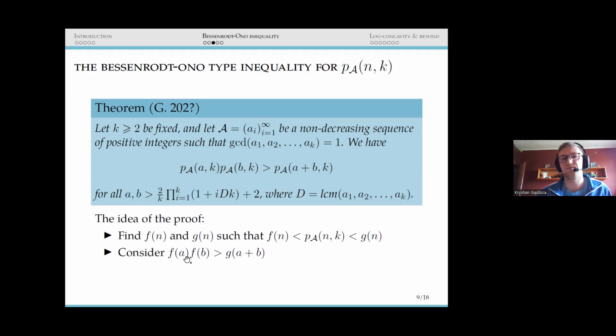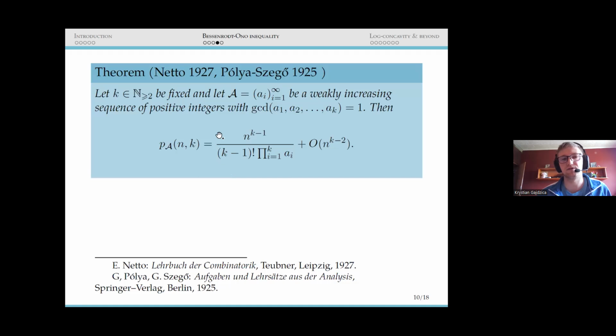In order to obtain these two functions, we need to know something more about the restricted partition function. And that is the theorem of Popoviciu and Netto from the 1920s, which states that the restricted partition function behaves like a polynomial of degree k-1, with the additional assumption that the greatest common divisor of a_1 up to a_k equals 1.